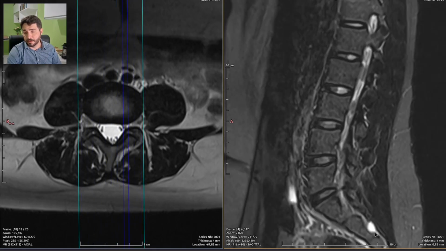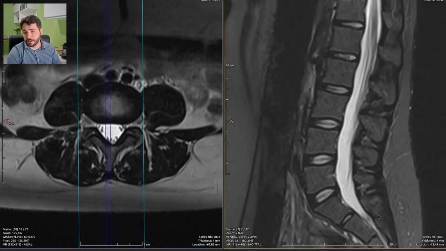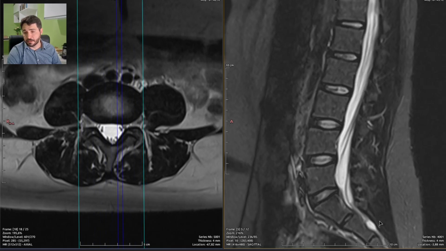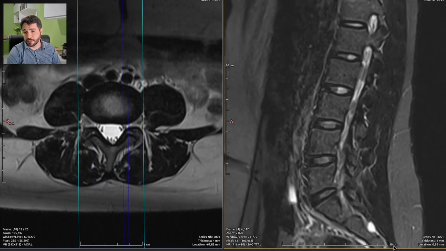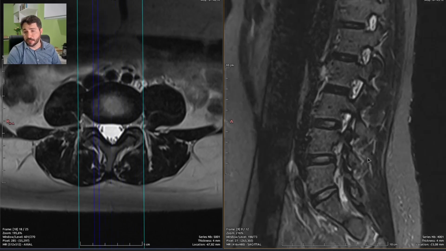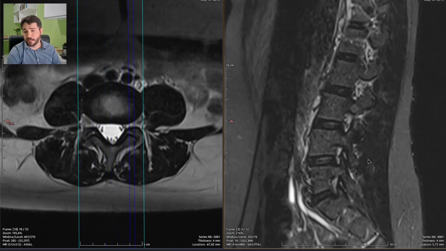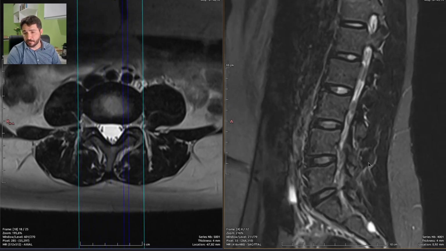So we can see the meningeal cyst is here. This is benign, makes no sense in reporting because it's very far away from the sign of complaints, and it is asymptomatic almost 100% of times.